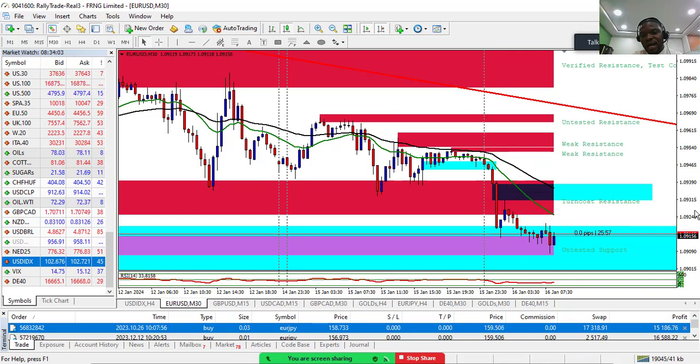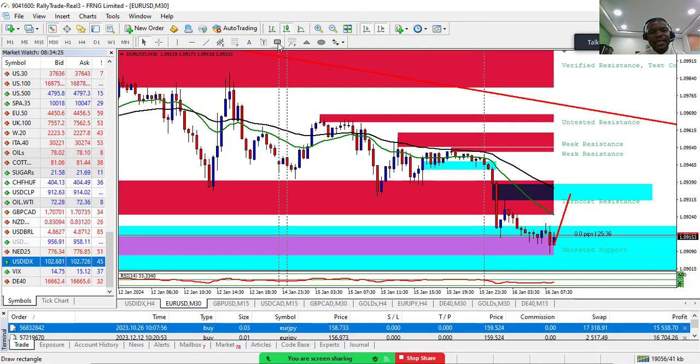If the price trades around this area, I would like to sell, and that area is somewhere around 1.09. So please take down this number, 1.09390. Around this area, 1.09390, I would like to do a sell. That means I'll just wait for a little retracement upward inside this area, then I'll start selling.